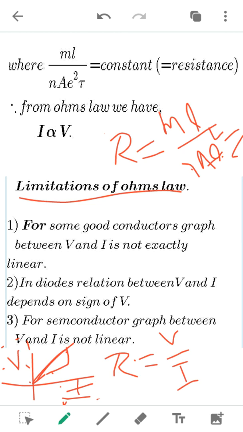Where you get a constant value, that graph will be linear, and where you get a linear graph, those will be the ohmic devices. So this is the relation.